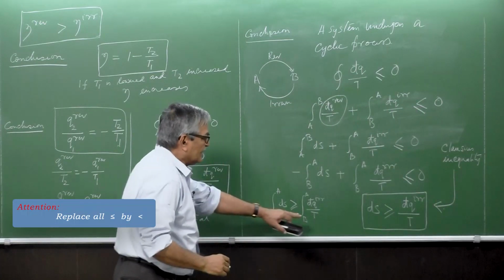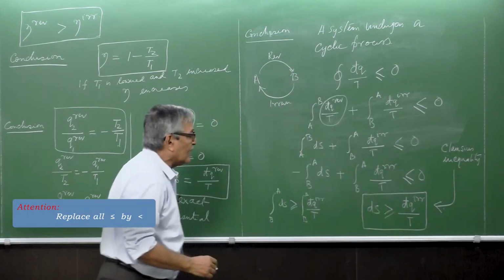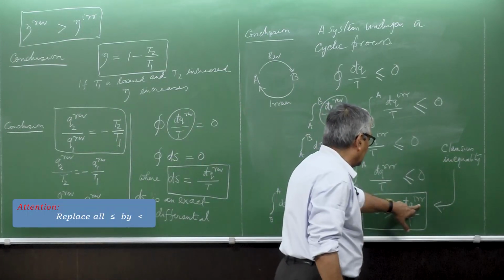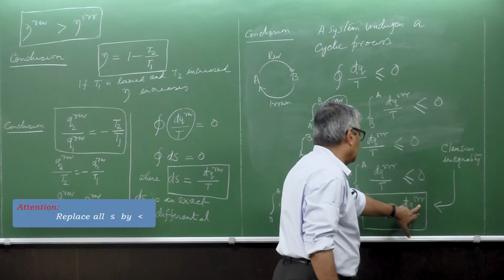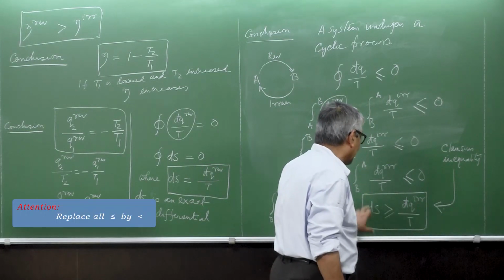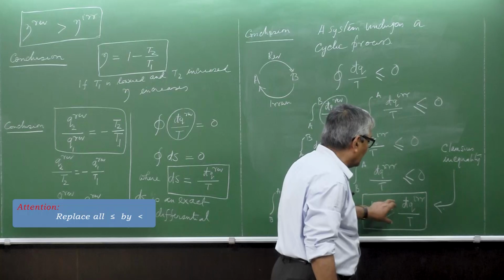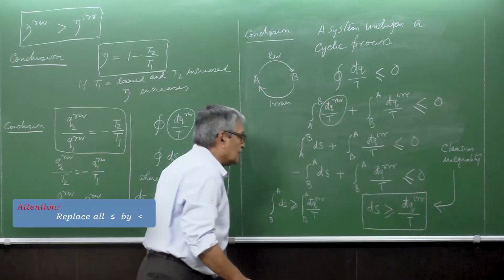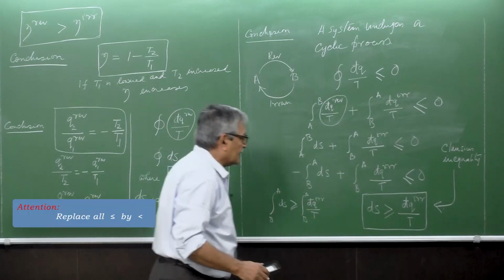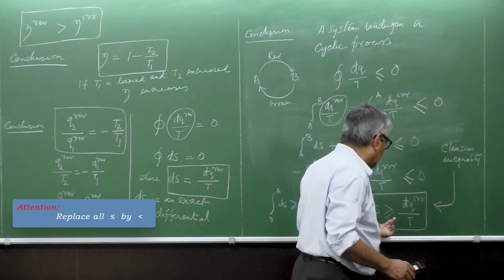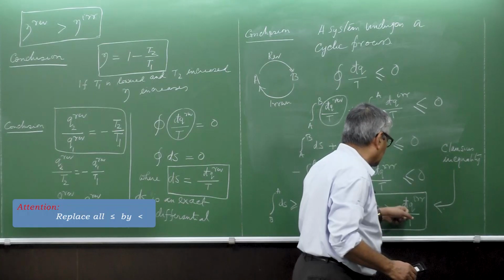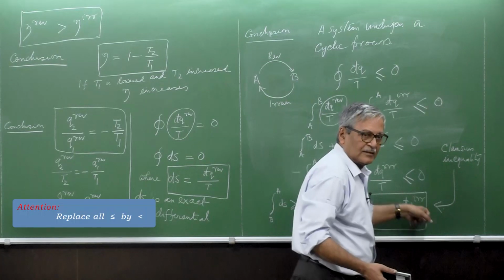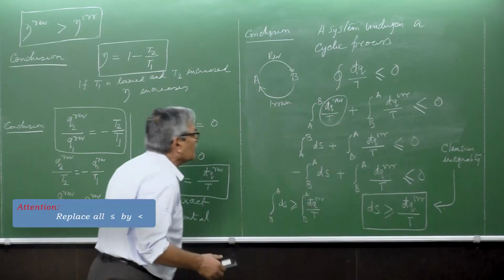Equality arises when the irreversible path becomes reversible; otherwise the change of dS is always greater than dQ irreversible by T. And for a reversible path, of course, dS equals dQ reversible by T. Otherwise, such a conclusion cannot be made.